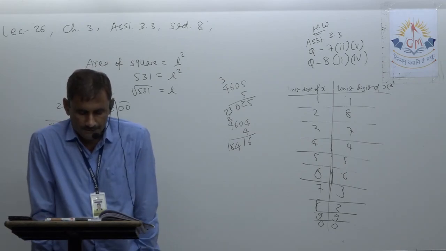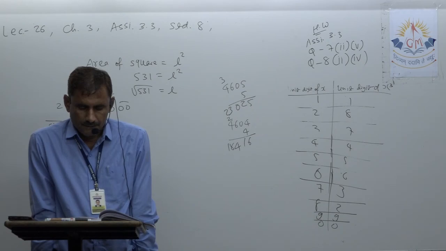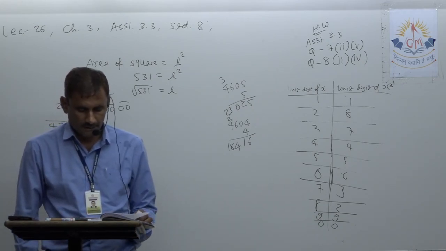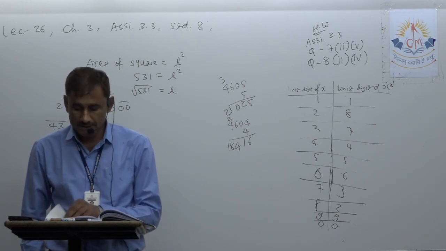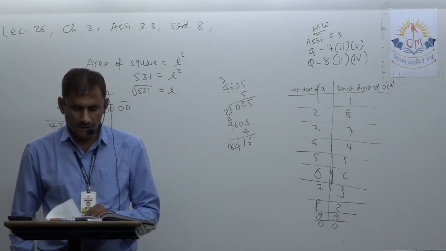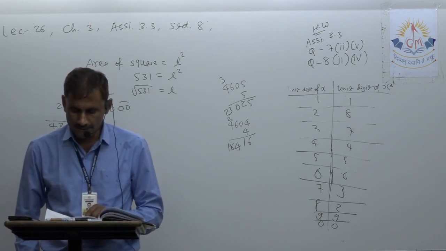For finding square, one is the column method and the other is the diagonal method. So this is for finding square only. If you want to find a square root, there are again two methods. One is the factorization method and the other one is the long division method.